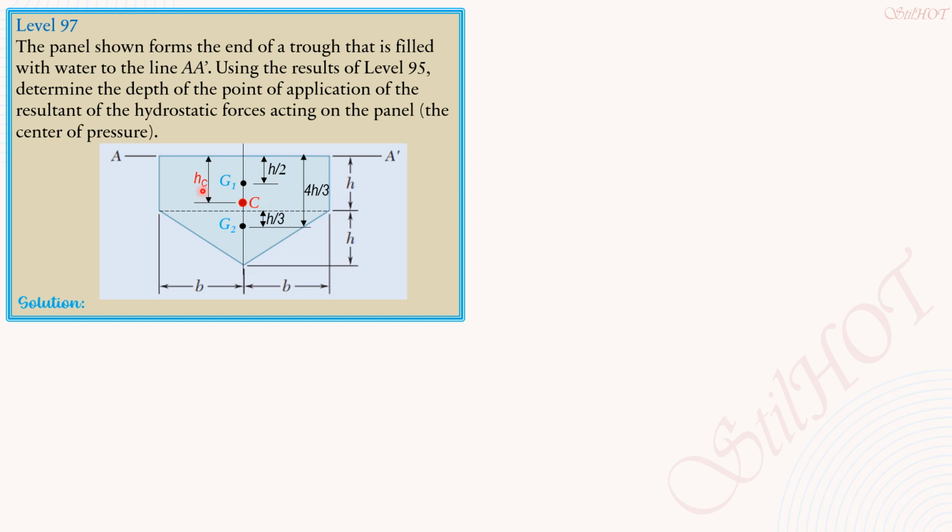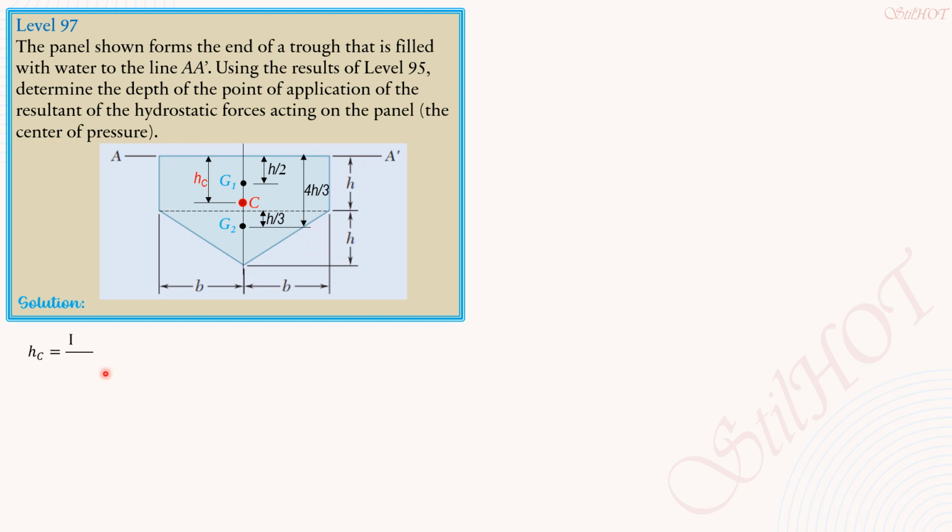So h sub c is, by the results of level 95, the moment of inertia of the section with respect to AA', or I_AA', divided by the first moment of area with respect to AA', or Q_AA'.